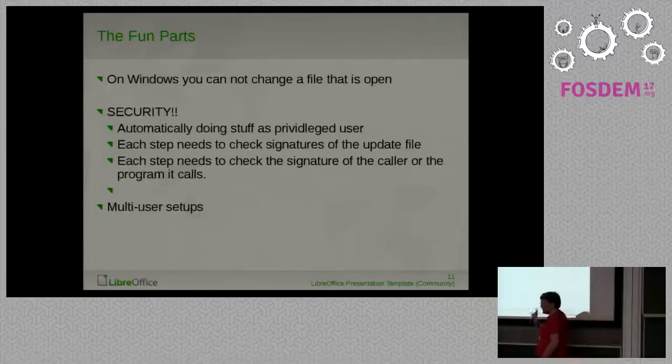Like we are running an executable automatically that runs as a system user and installs new stuff in a system folder. We could more or less do anything if we screw up there.